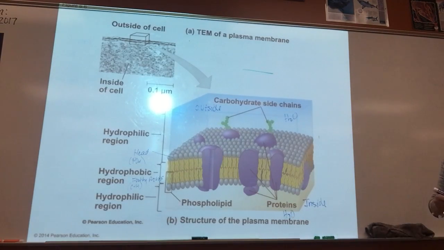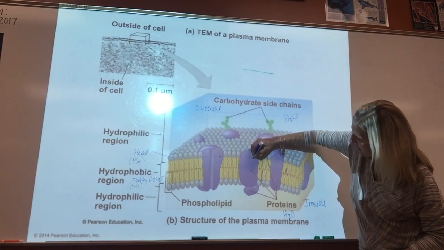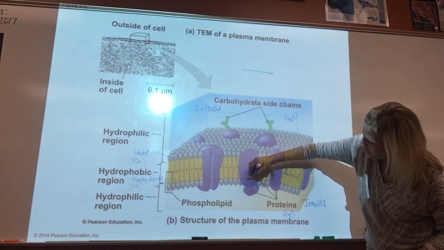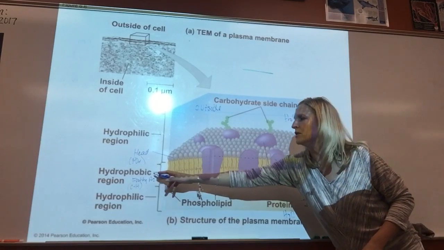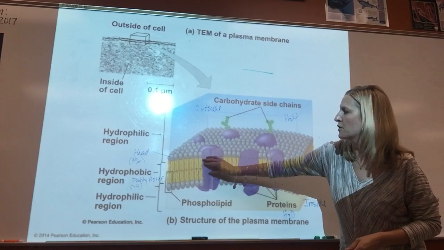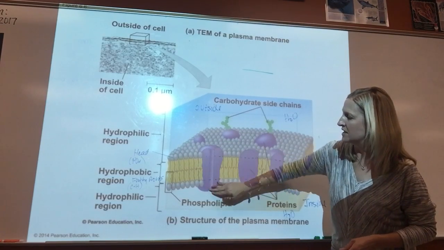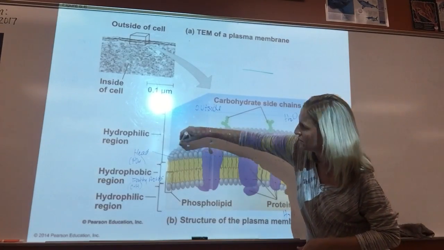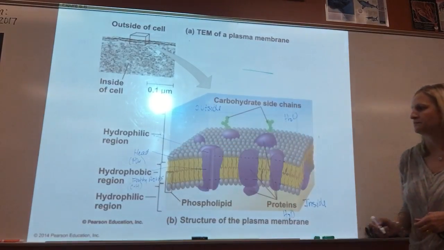But what I want to point out is, and I'm going to put kind of a dot here, and same thing right here, that the proteins follow the same pattern. So this part of the protein is hydrophobic. This part of the protein is hydrophilic, so it goes in that same region. So hydrophilic, hydrophobic there.